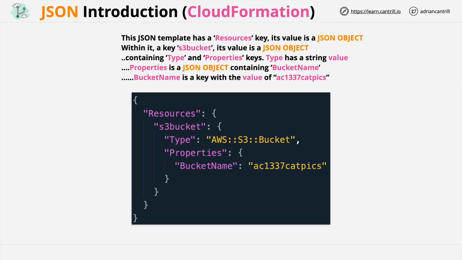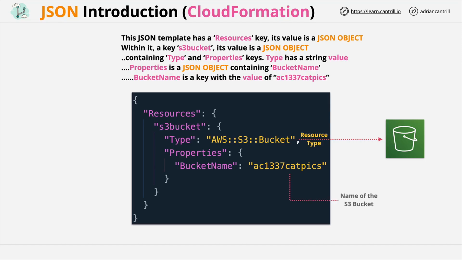That object contains two keys, type and properties. Type has a string value which defines the type of resource created by CloudFormation. Properties has a value which is a JSON object, and it contains a key of bucket name and a string value which sets the name of the S3 bucket which will be created.